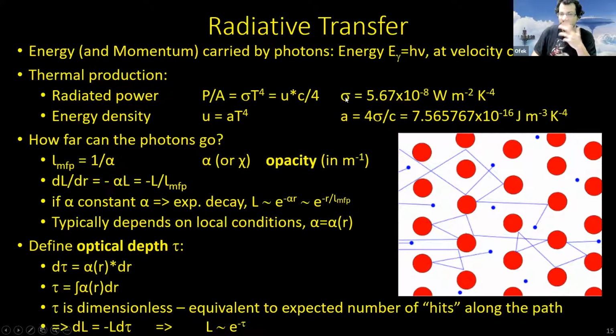Okay, so to remind you, we have the Stefan-Boltzmann constant here, and its modification, the A constant, which you can start guessing the orders of magnitude, about 10 to the minus 15 in units of joule per cubic meter per Kelvin to the 4. That means if we're talking about temperatures of thousands of Kelvin, we'll have automatically something like 1,000 to the fourth power here, so about 10 to the 12.